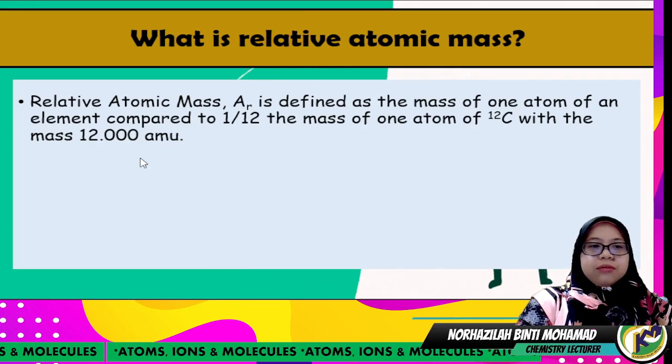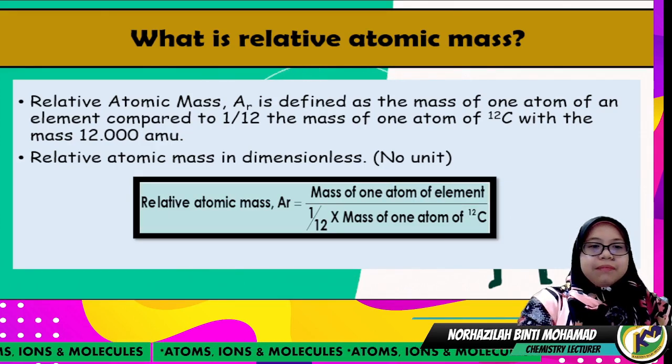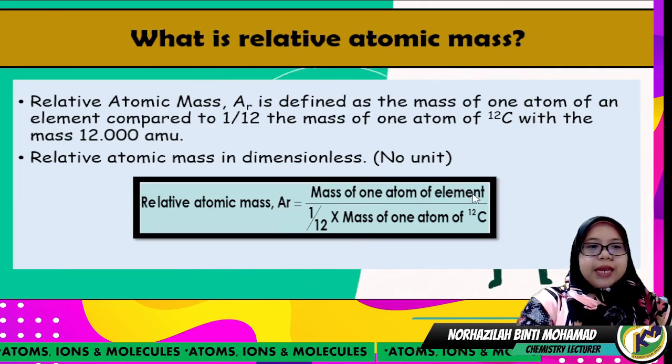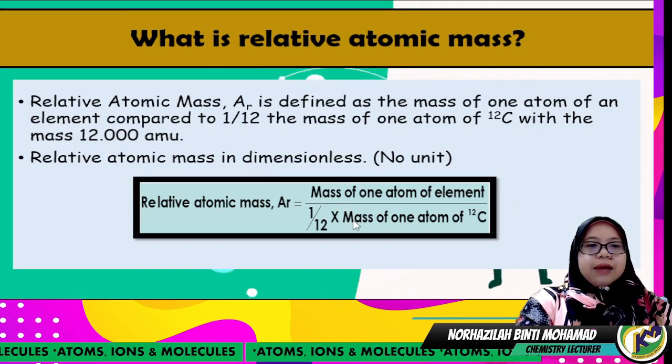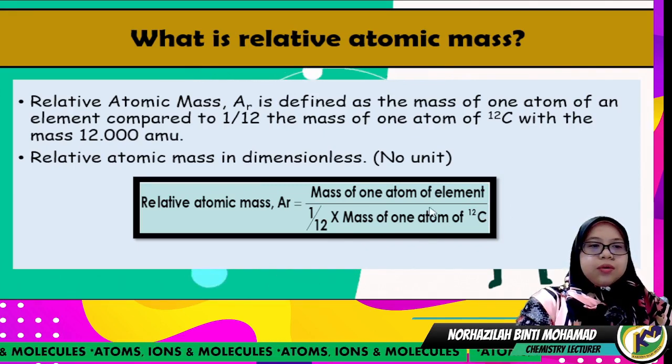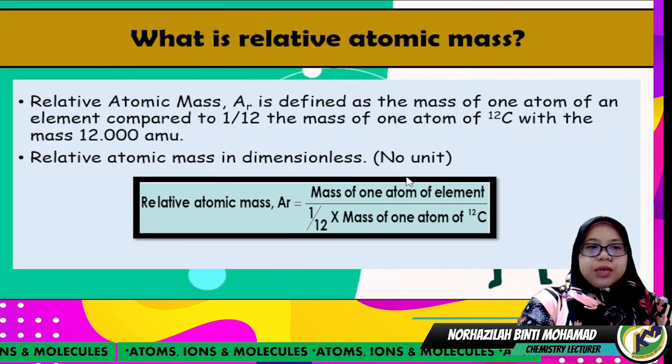We illustrate the definition as a formula: relative atomic mass equals the mass of one atom of an element divided by 1/12 times the mass of one atom of carbon-12. The relative atomic mass is dimensionless, which means it has no unit.